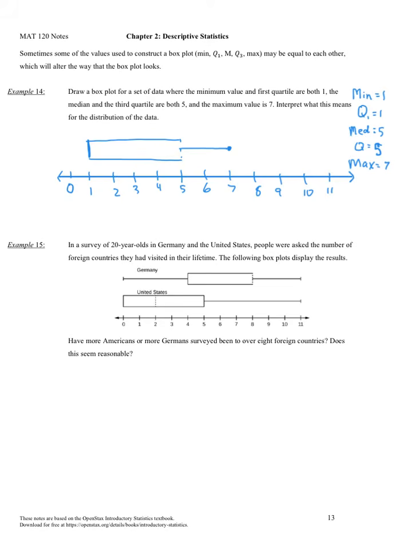Well, let's see. For Germany, 25% of the population has been to over 8 foreign countries, but 25% of the population has visited exactly 8 foreign countries.